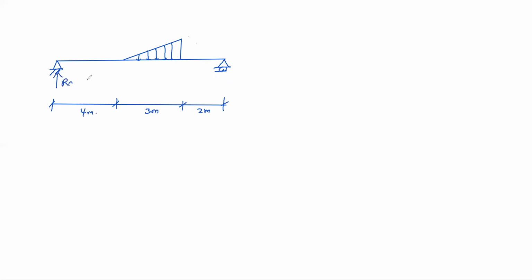Here RA reaction, here RB reaction. Let us assume intensity here at the end is 32 kilonewton per meter. 0 to 32 is varying. Anyway, horizontal reaction here is 0.